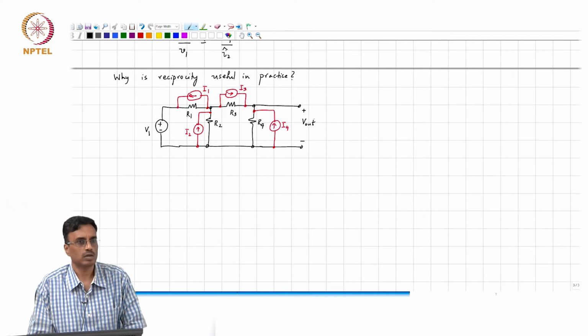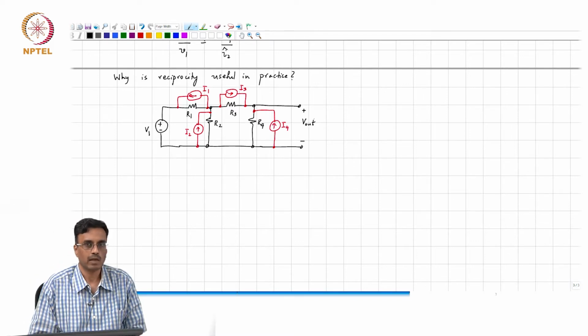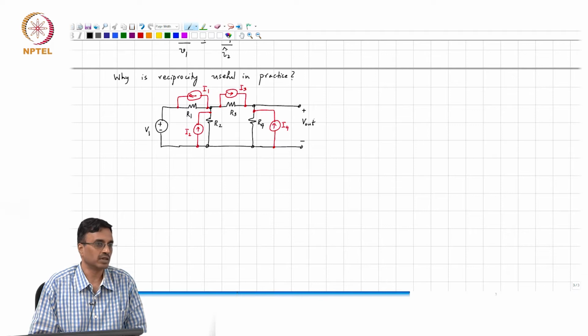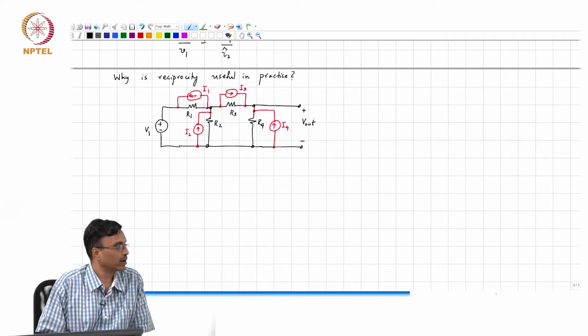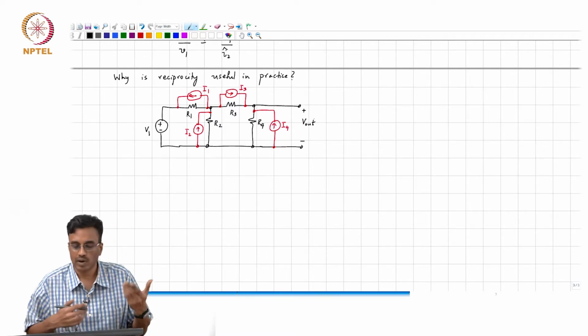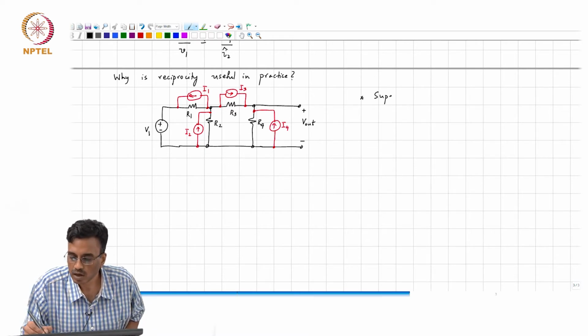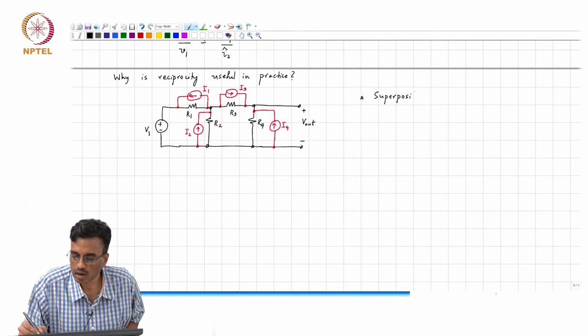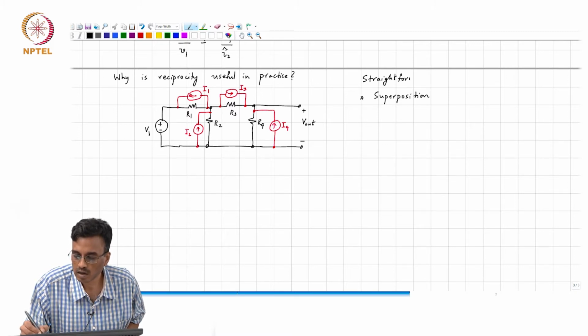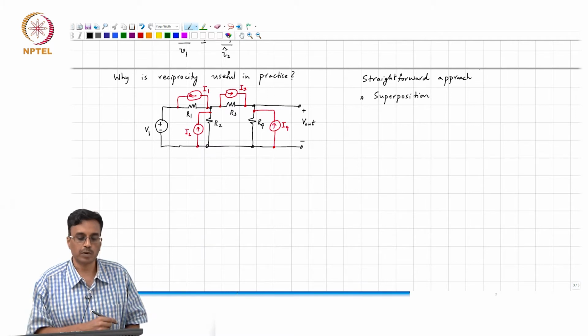How will we find V out? What is the most straightforward thing to do? What is the first thing that strikes you when I ask you to find V out? Very good. The first thing that comes to our mind is to say superposition. The straightforward approach is to use superposition.